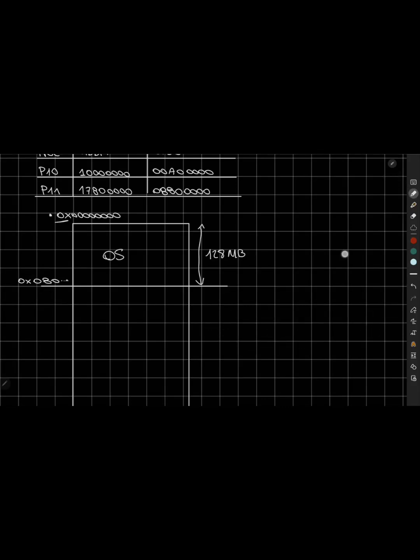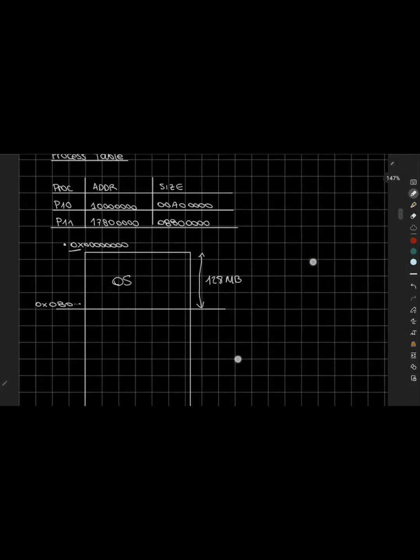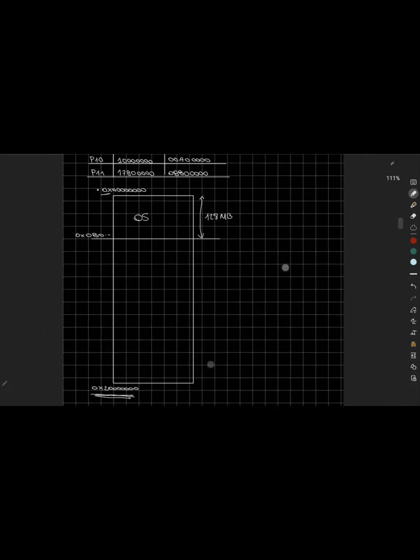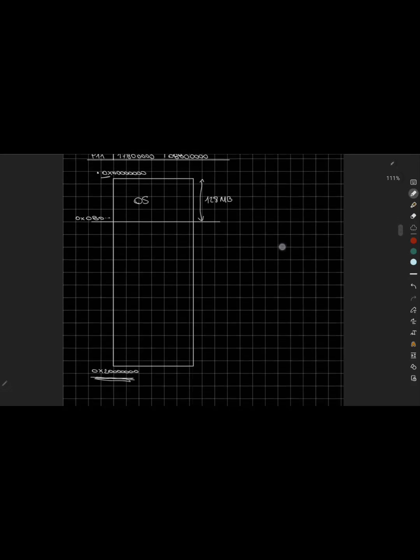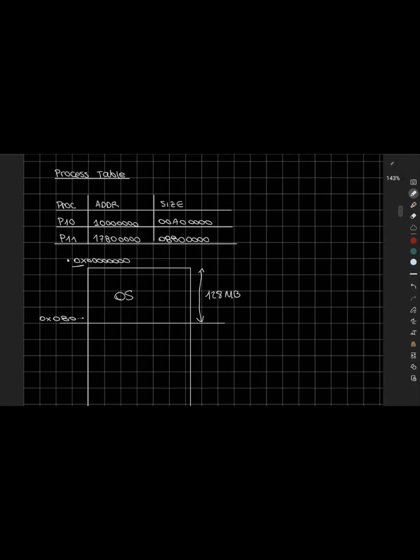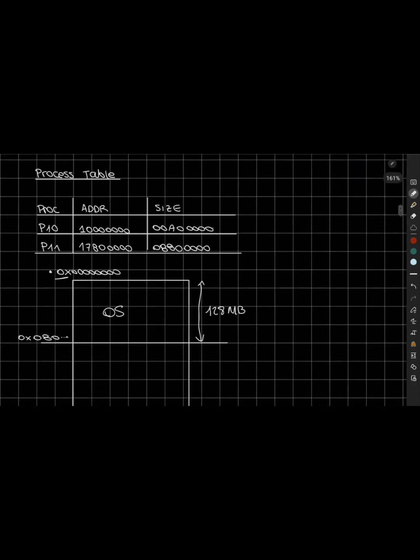Then we know that we have a process P10 and a process P11. I want to know where they are in the memory, where there is free space in the memory, and everything about the partitions that we have, the occupied ones by the processes and the free ones.